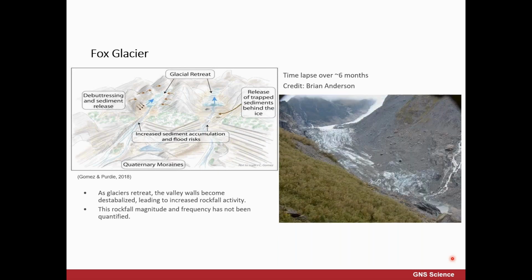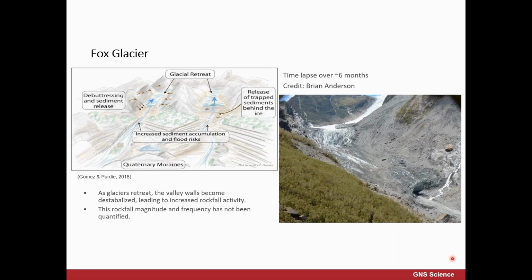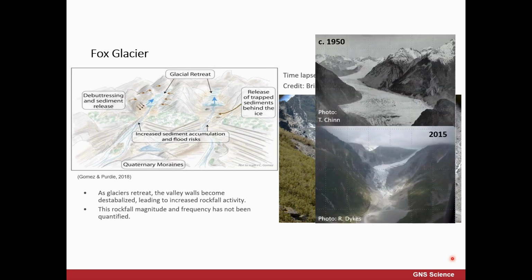So as they retreat and thin, the valley walls become destabilized and there's increased rockfall activity. But what we don't know is how often this rockfall occurs and what the magnitude of the slips are that we expect from them. So that's what we're trying to find out. That's another photo, 1950 to 2015, from roughly the same location. Quite a big change.